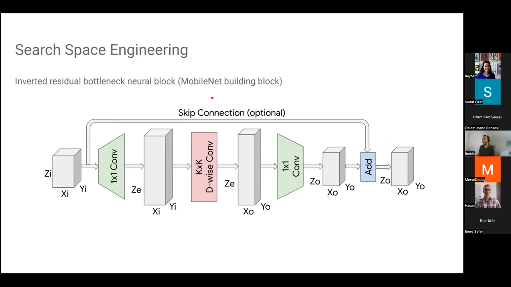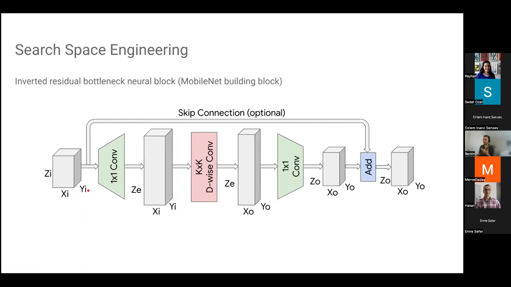So one of the key blocks in the MobileNet search space is what they call the inverted residual bottleneck. In short, we refer to this as an IBN block, and it looks like this, right? These are tensors. After having this input tensor, it passes through a pointwise convolution to increase the channel dimension, the Z dimension.